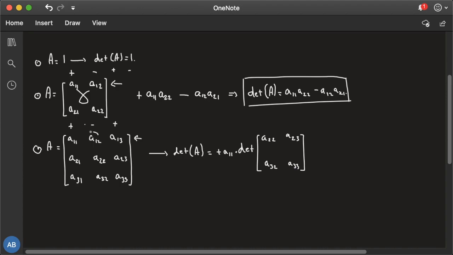We move along to A12, eliminate its corresponding column and row. We're left with A21, A31, A23, and A33. That means we've got a minus A12 multiplied by the determinant of what is left.